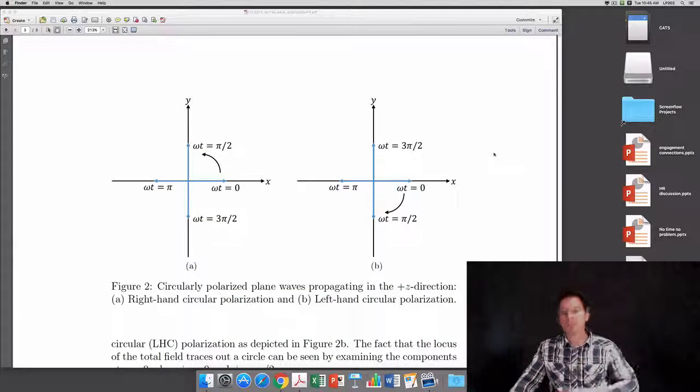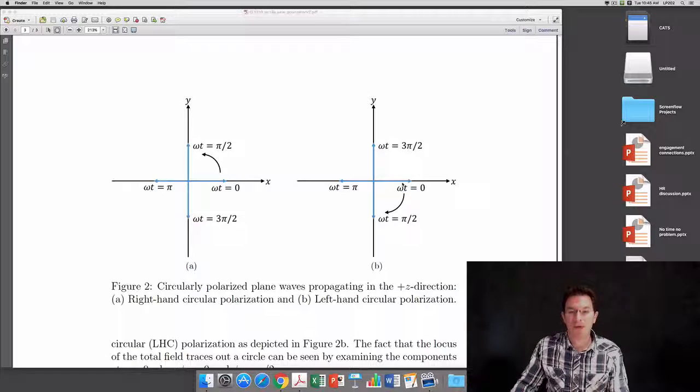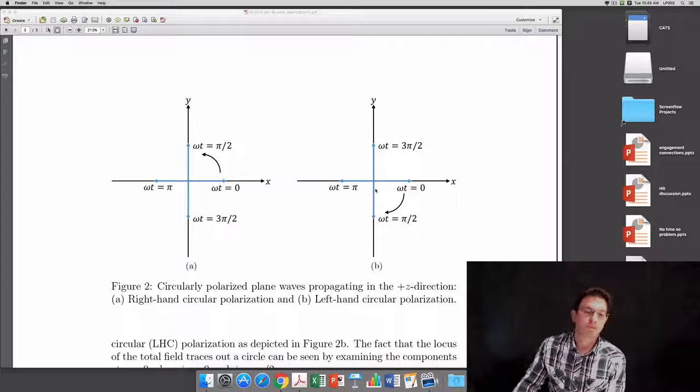Okay, so when omega t equals 0, again, you start totally polarized along the x-axis, but in this case, when you have the phase of the y component equal to pi over 2 instead of minus pi over 2, then when omega t is equal to pi over 2, you're polarized down here in the minus y direction. At omega t equals pi, you'll be pointed in the minus x direction.